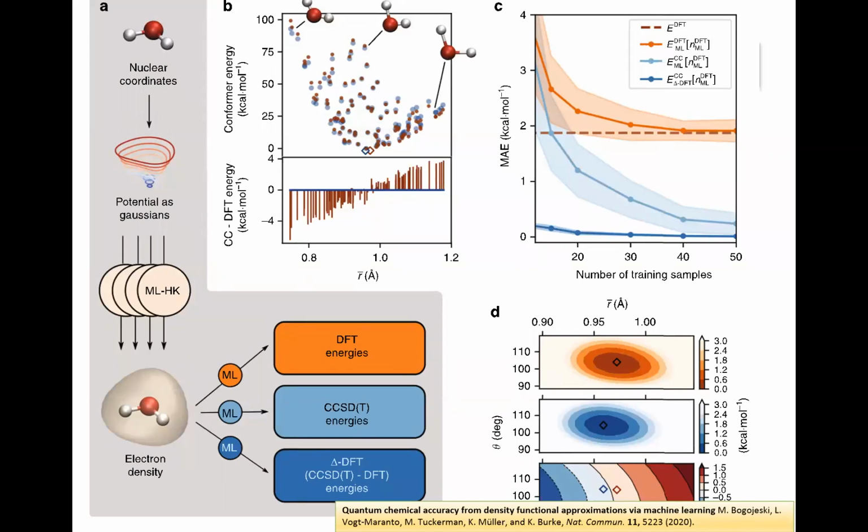This is just a potential energy plot in terms of the angle and the distance, and you see that it's much smoother if you just look at the difference between the two functions. This is the minimum.